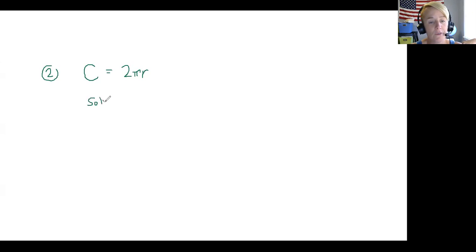So solve for R. That means I just want to get R all by itself. Okay, so here's my formula. C equals 2 pi R. I'm going to get R all by itself. Right now it says 2 times pi times R. So the opposite of times is divided by. What I do to one side, I must do to the other. I'm really hoping some things will cancel here.